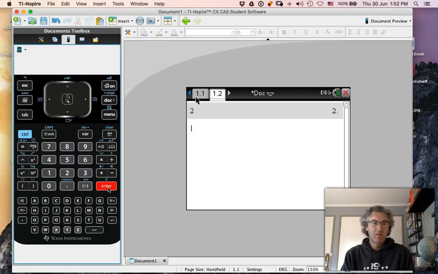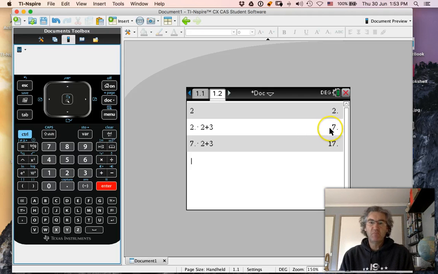Then for that particular value of 2, I'll multiply by 2, and then add 3, which gives 7. And then if I hit enter again, what will happen? That value of 7 will be the input to my next line here, which effectively is 7 times 2 plus 3, and so on and so forth.